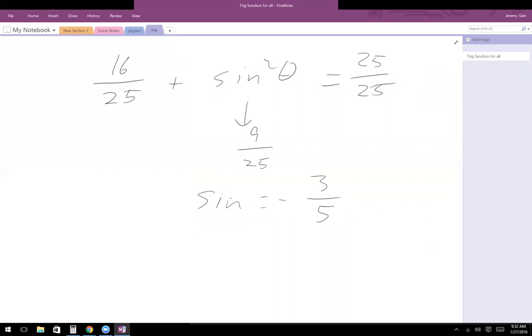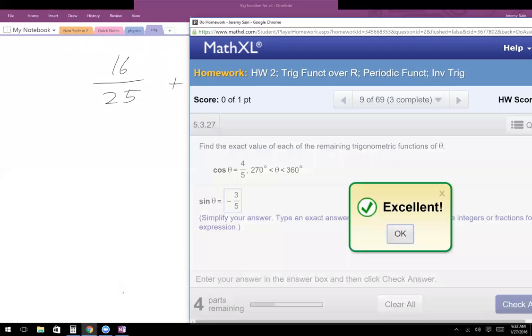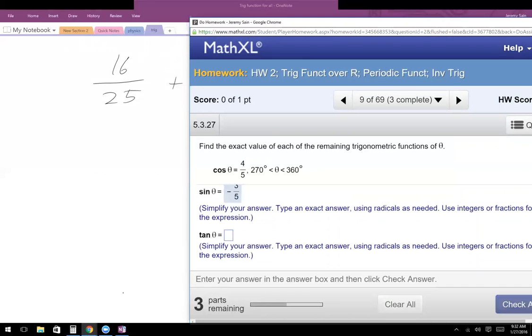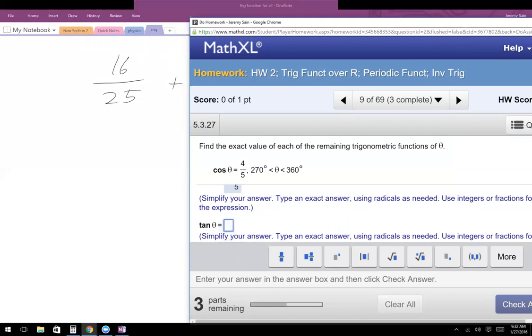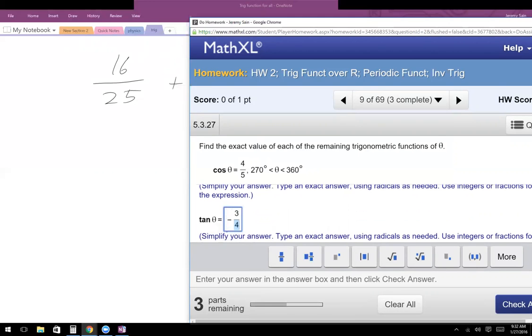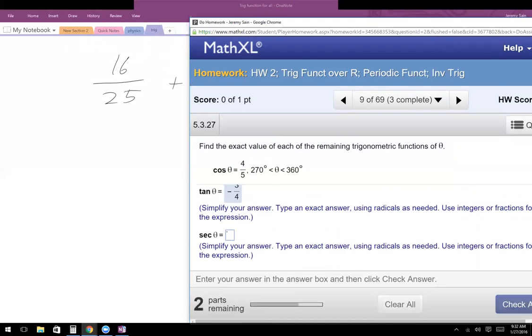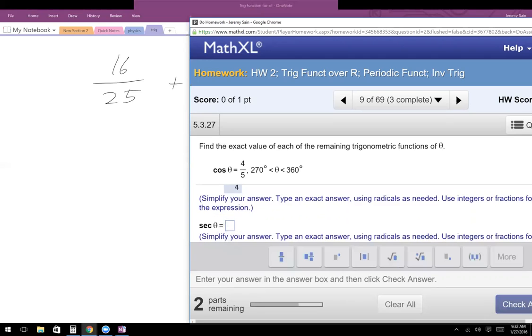All right. And so the rest of them are easy once we got that one. So sine over cosine, the 5s will cancel, so you'll just have negative 3 over 4. Secant is 1 over cosine, so you'll have 5 over 4.